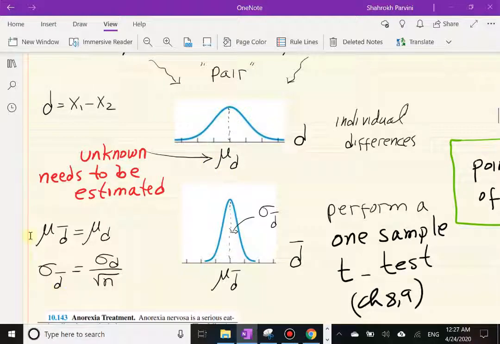And by central limit theorem, we've seen this in chapter 7, it's just that our random variable now is d, which means differences. Once we do before minus after differences, in effect, we reduce these two sets of scores into one set of scores, which we call the differences. And at that point, once we have one set of scores, then we can do a one sample t-test on the differences.